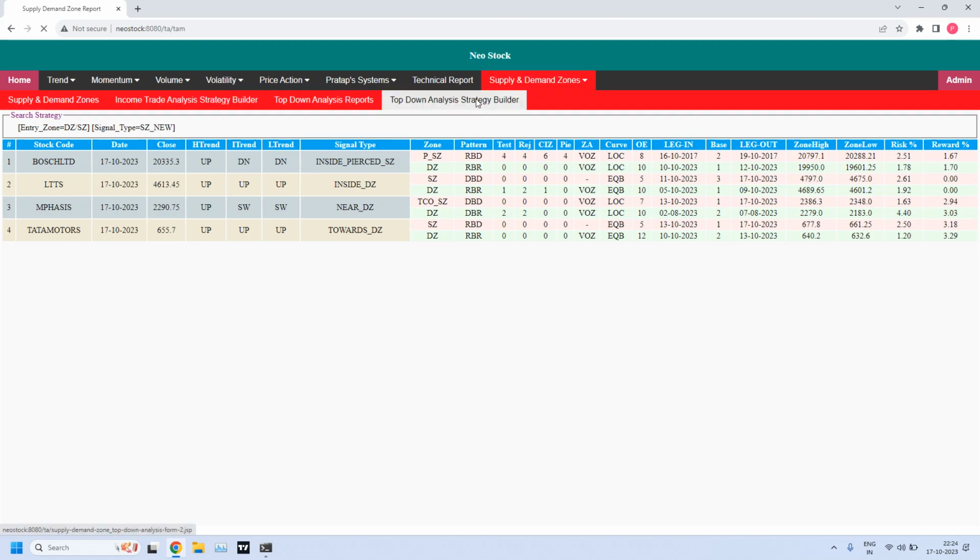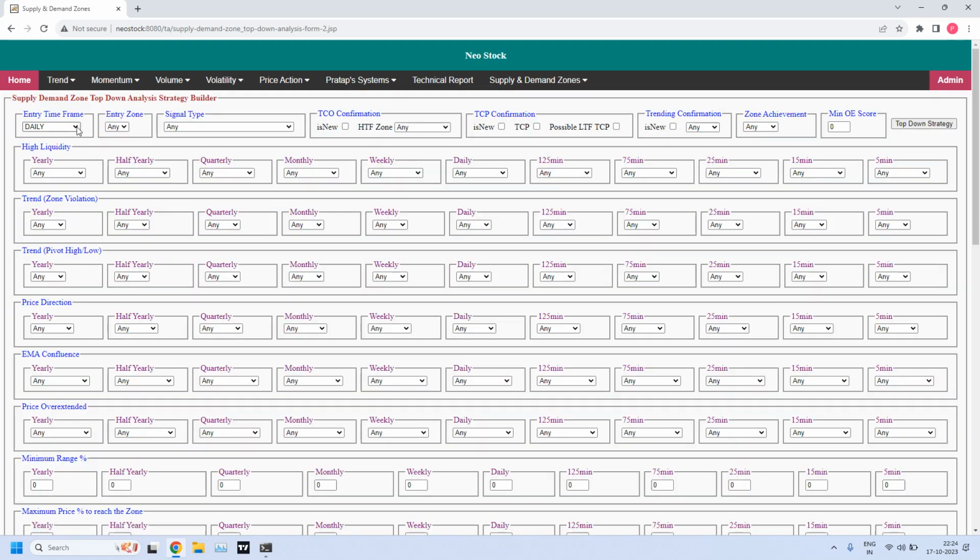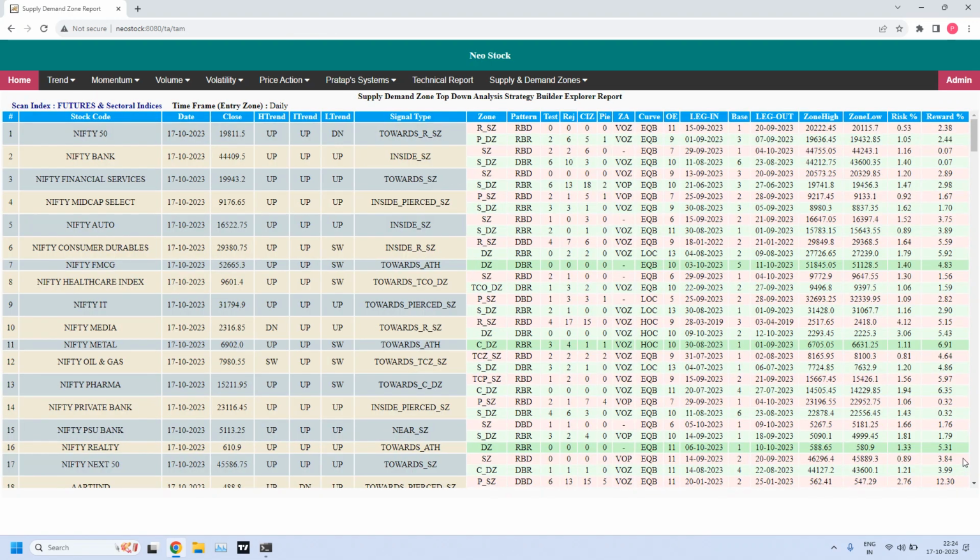So let me generate demand and supply zones for all the stocks. Entry time frame is daily. I'm generating the list. I will keep on scrolling this list, and whichever stock you want to refer to, pause the video and you can study the parameters.